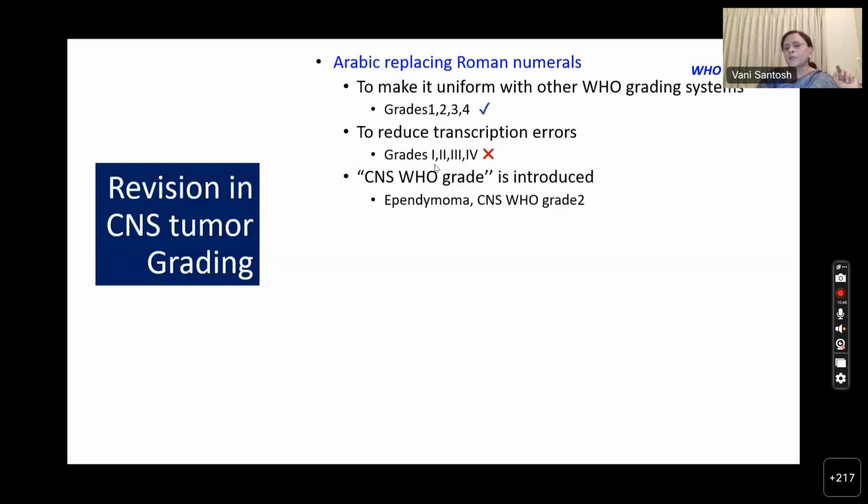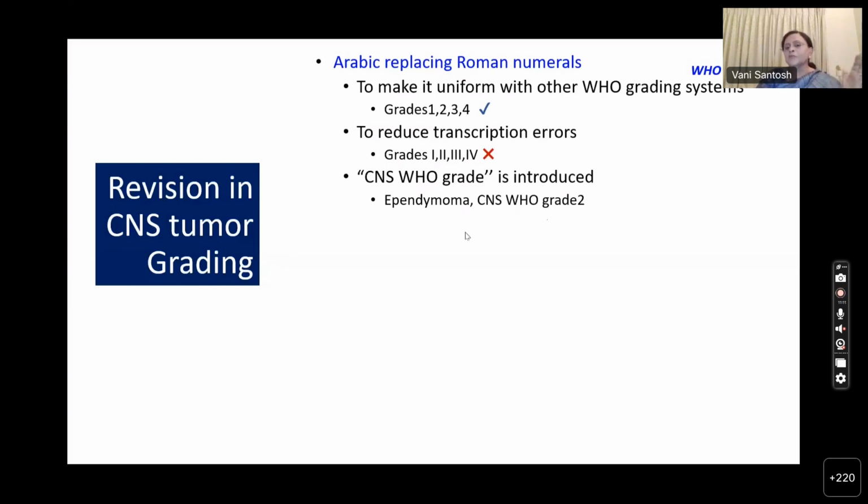And moreover, the Roman numerals used to give rise to some transcription errors. For example, 1 could be typed as 2 or 2 as 3, some sort of transcription errors. And the term CNS WHO grade is introduced for every tumor type. So if you want to grade it, you have to use the CNS WHO grade. So for example, ependymoma. Ependymoma is a CNS WHO grade 2 tumor.